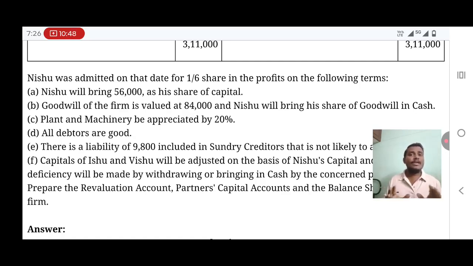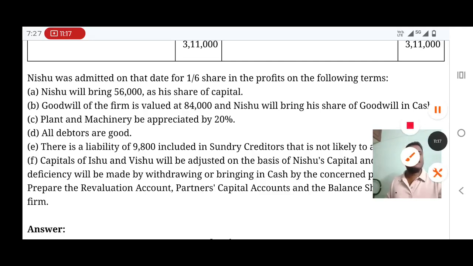So now you will have to compare for the old partners. When you are comparing, if you find that the new capital is higher, the difference between the adjusted capital and the new capital will be shown on the credit side, which means the partner has introduced an extra amount inside the firm.